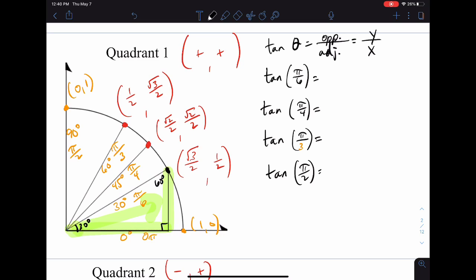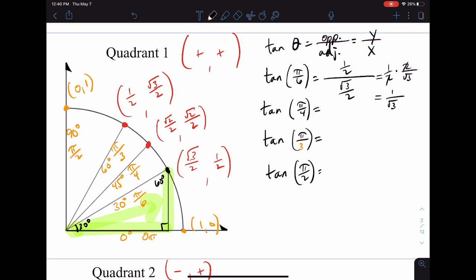Okay, so pi over 6. We have square root of 3 over 2 as the x, and 1/2 is the y on top. So we have 1/2 times 2 over the square root of 3. Then you're going to have 1 over the square root of 3.